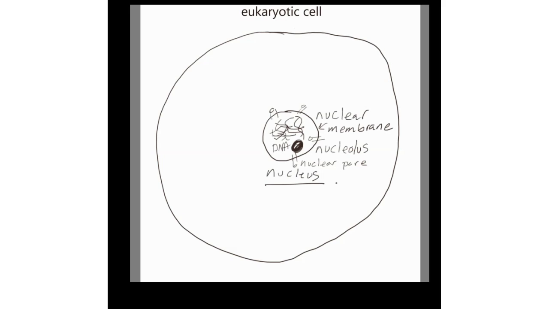And next, we want to strategize here a little bit. I think it's important to draw some of the larger structures inside the cell first. So one of these is the endoplasmic reticulum, the ER.